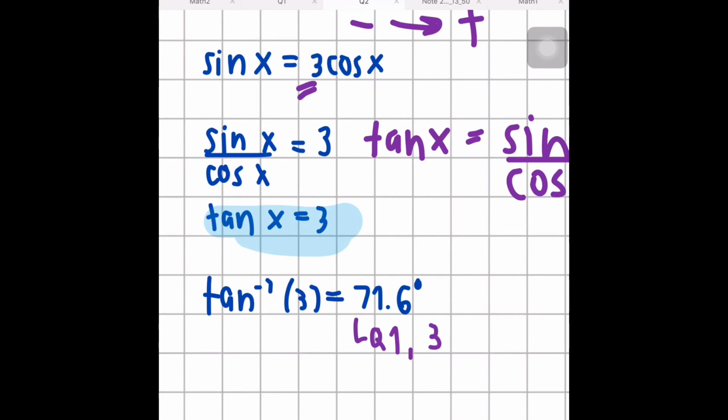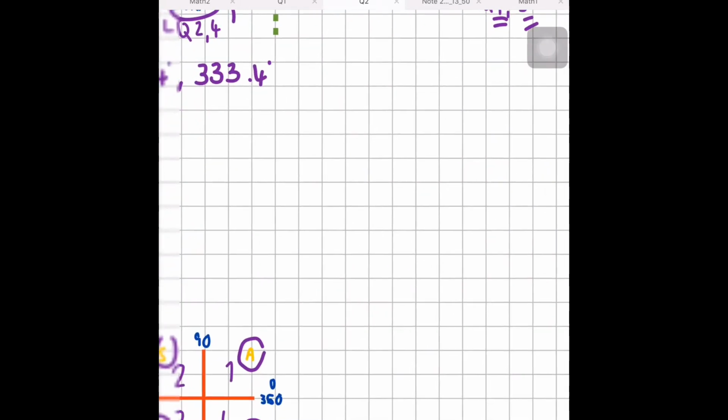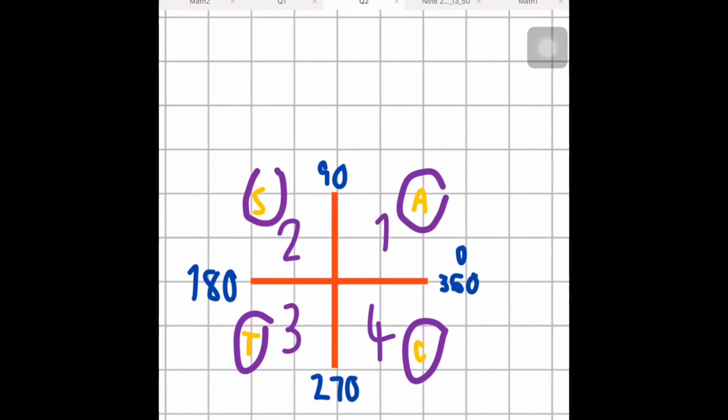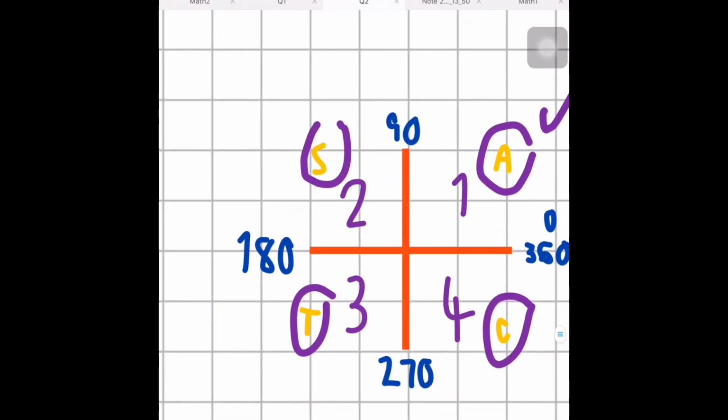In this case, 3 is a positive value, so it will be in quadrant 1 and 3. In quadrant 1, all will be positive, and in quadrant 3, only tan will be positive.